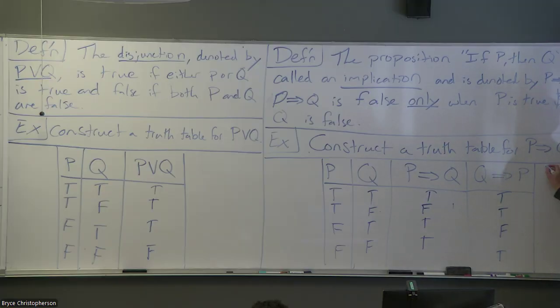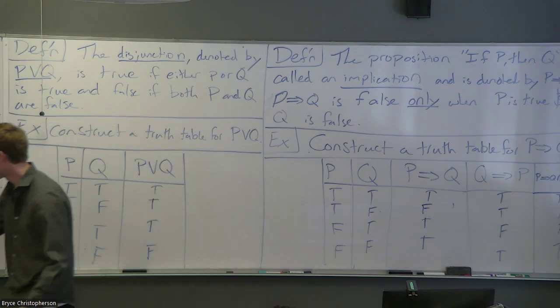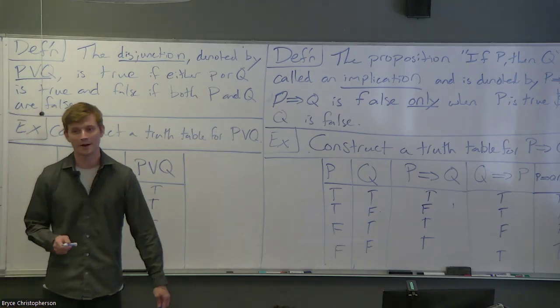Okay, so let me put this right here: P implies Q, and Q implies P, writing kind of small, I apologize. If you do this, you get true, false, false, true, and wouldn't you know it, true, false, false, true, that is the exact same as right over there, yeah?